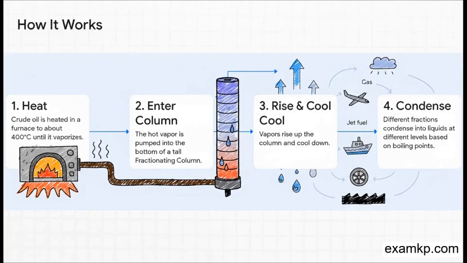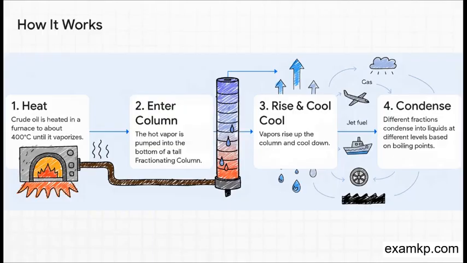So picture this. We take the crude oil and heat it up in a furnace, like really hot, to about 400 degrees Celsius, until the whole thing turns into a hot gas or vapor. Then we pump this super hot vapor into the bottom of a giant tall tower. That's our fractionating column. Now here's the magic trick. It is boiling hot at the bottom of this tower, but as you go up, it gets cooler and cooler.